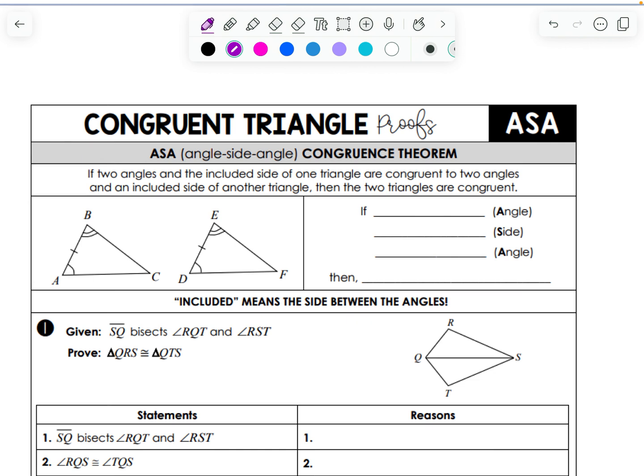So here's our two triangles. Recall that if we have two angles and the included side of one triangle are congruent to two angles and the included side of another triangle, then they are congruent.